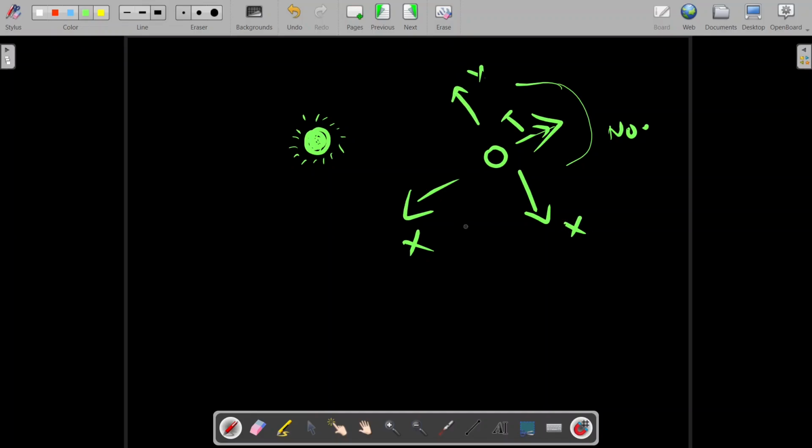No, because it has its radial power. Power in the sense it has its effect radially. Its field is going to be a radial thing.